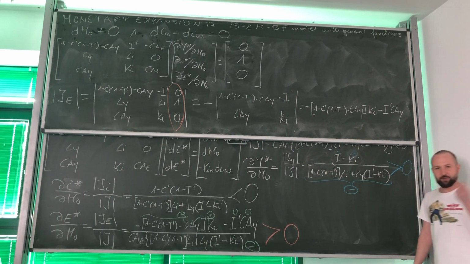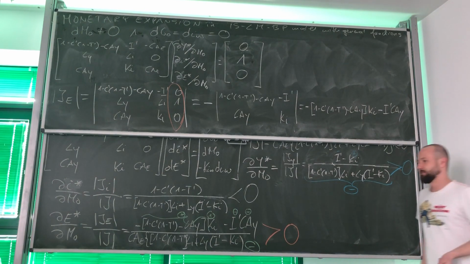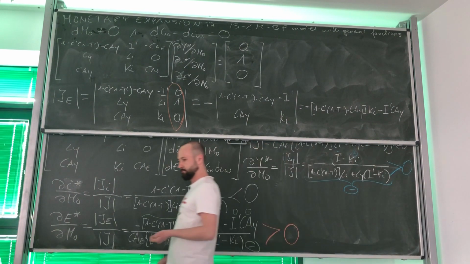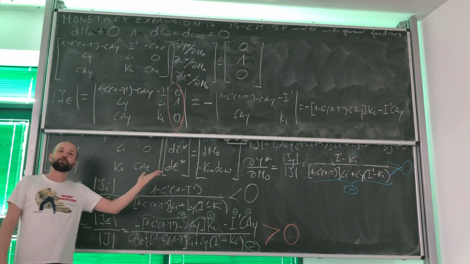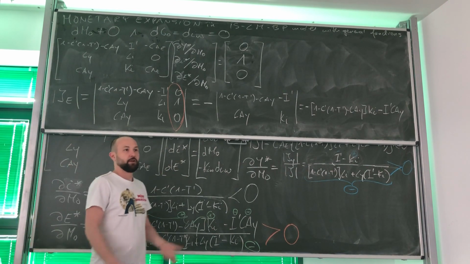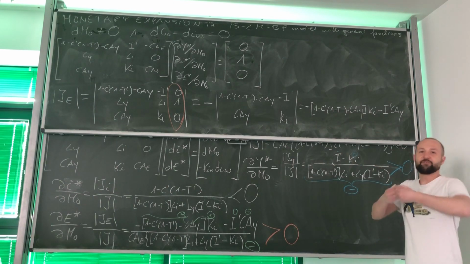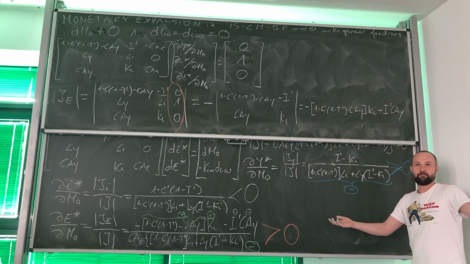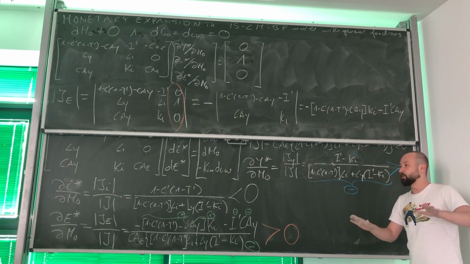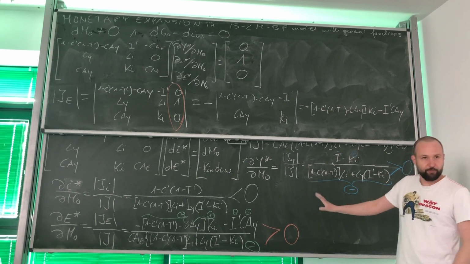Now, think about it for a second. Does it make sense? If central bank prints more money, should the money be worth less or more? Well, if there's more of something, the price of it goes down. And the same is true for the currency.